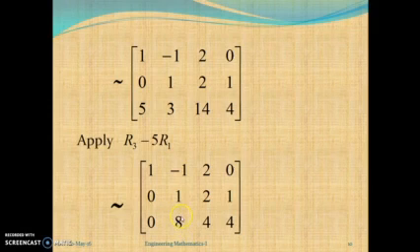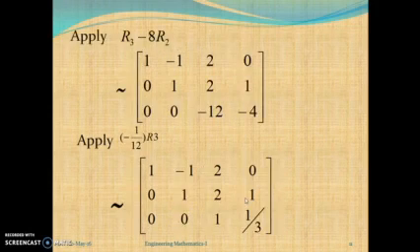We have to make this 8 a 0. For this we apply the transformation R3 minus 8 R2. After solving, we get a new R3: 0 0 minus 12 and minus 4. Now this is in echelon form.